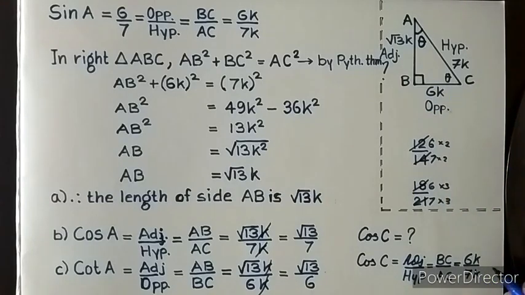So k is cancelled, value is 6 upon 7. Now you can see cos C is 6 upon 7, whereas cos A is root 13 upon 7. So you have to be very careful that which alphabet they have given.